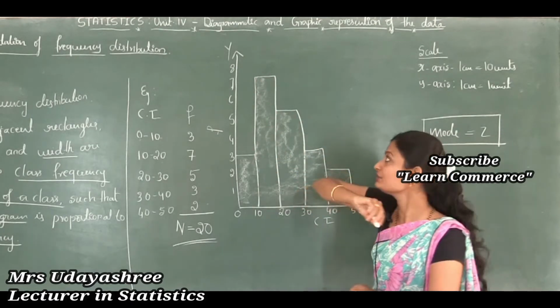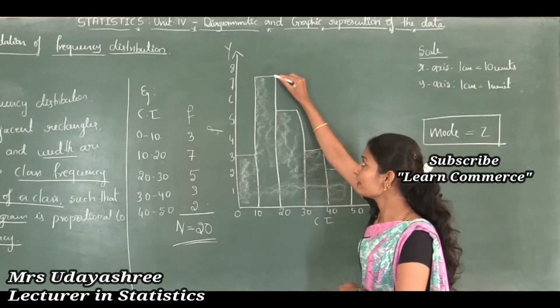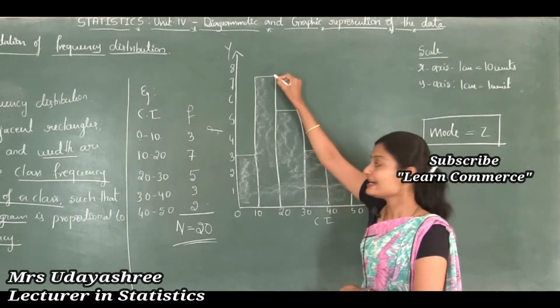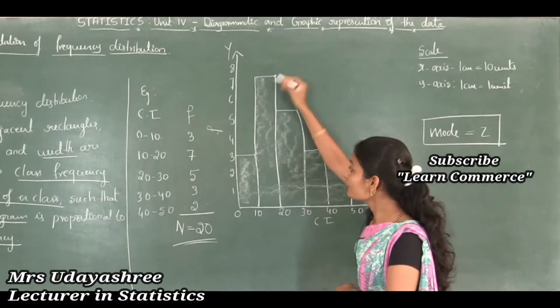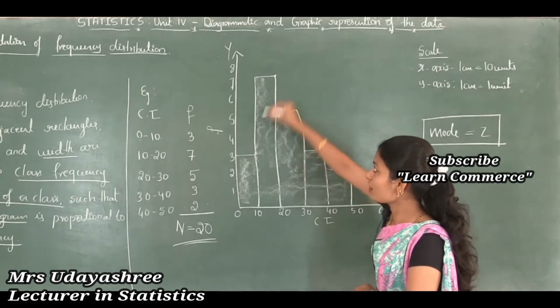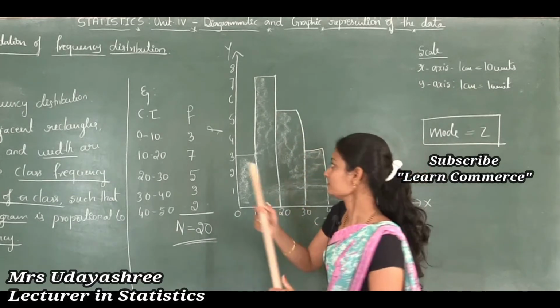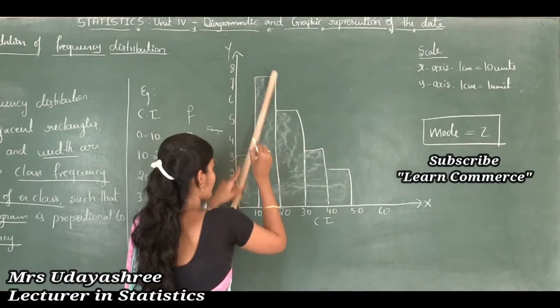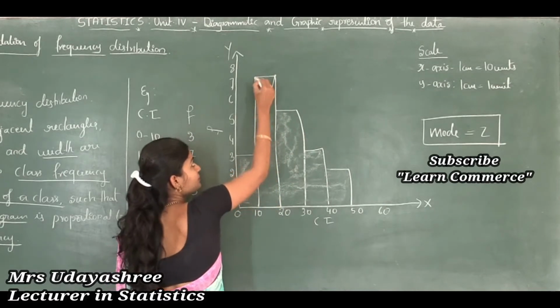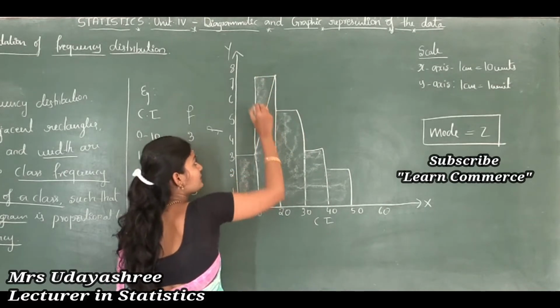After that we need to join the upper vertices to the opposite rectangle's adjacent vertices. So from here to here we need to join like opposite. Next, from here to here we need to join.